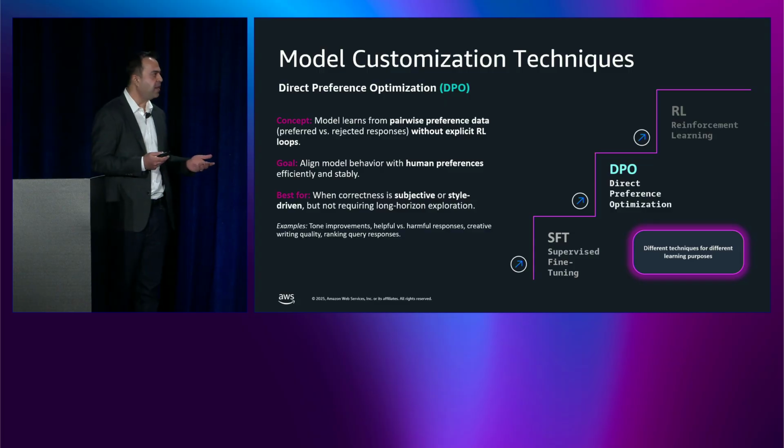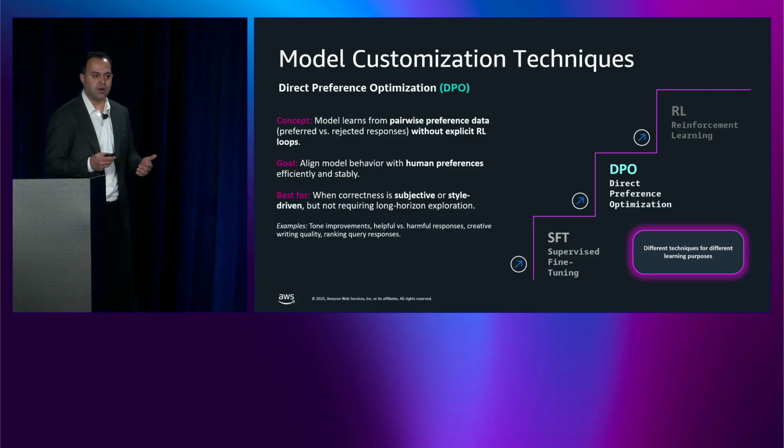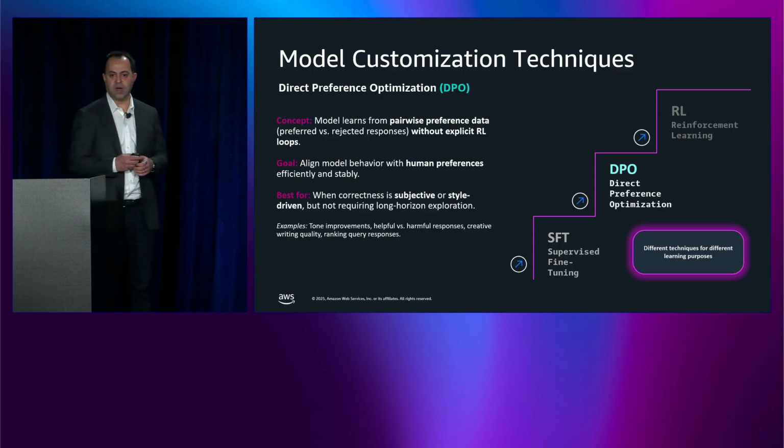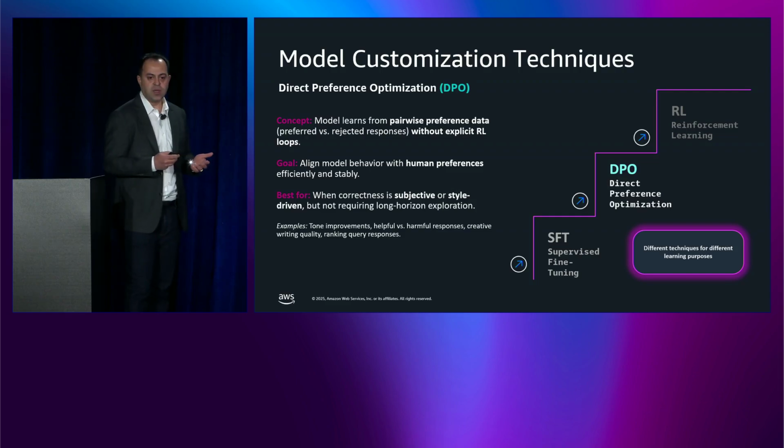And so this technique is quite useful for subjective or style-driven learning. So let's say you want your model to learn your brand voice or values, or the tone that you want in your chatbot. And it's also easy to implement because it doesn't require the full RL setup.